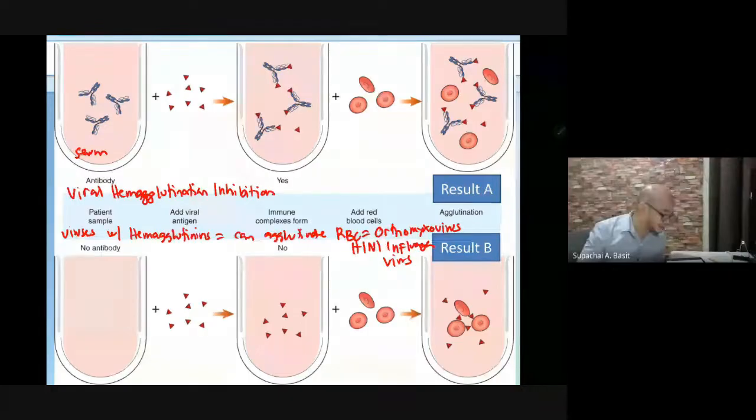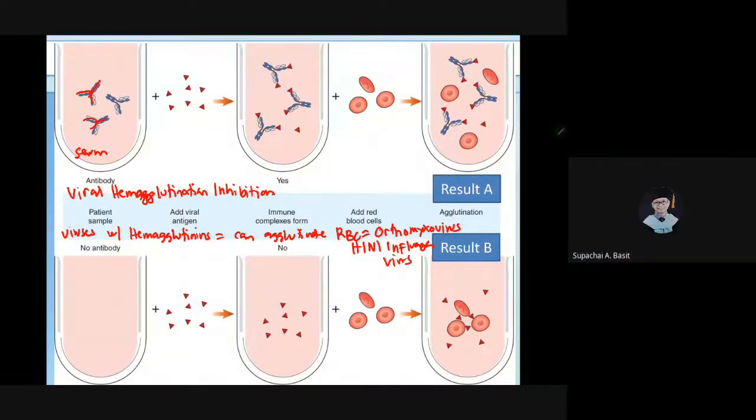So you notice that this patient has antibodies, and then you add viral antigen. So this is now your reagent 1, and this is your reagent 2. Okay. So viral antigen contains hemagglutinin.